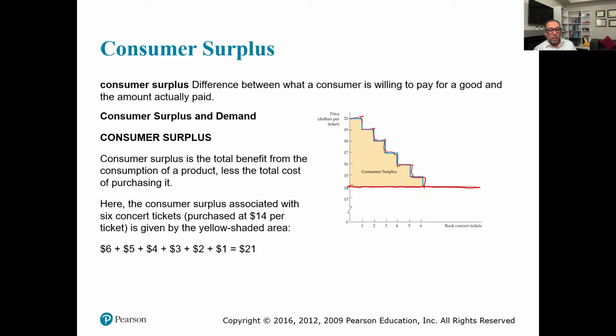The one willing to pay 20 with a price of 14 has a consumer surplus of 6, the second willing to pay 19 has 5.